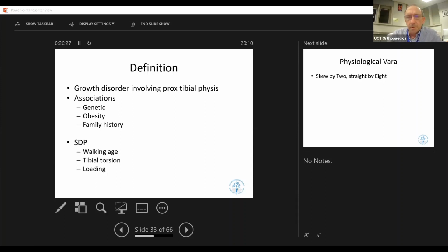The next one is tibial torsion. And if you think about this carefully, if there is internal tibial torsion, then on heel strike in the gait cycle, when there is maximal force through the entire lower limb, at that point, if you have internal torsion of the tibia, that would lead you to recognize that there would be an increased load on that medial physis.